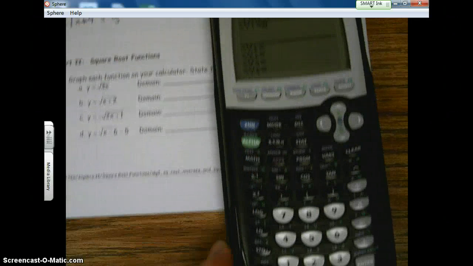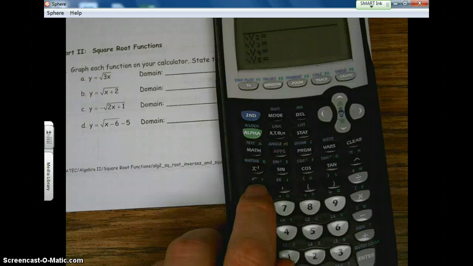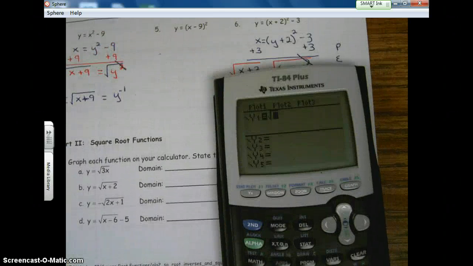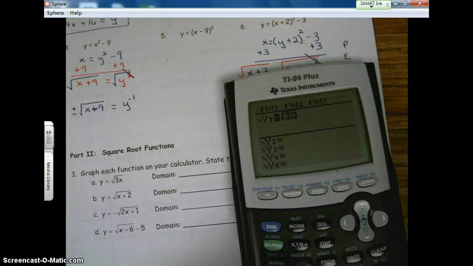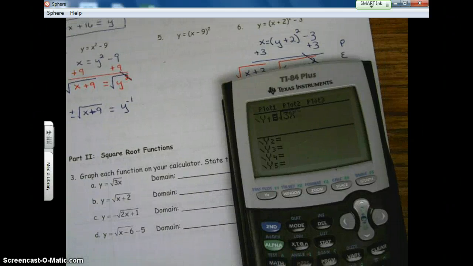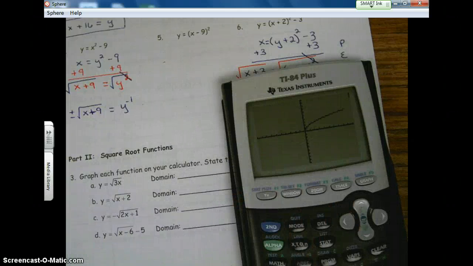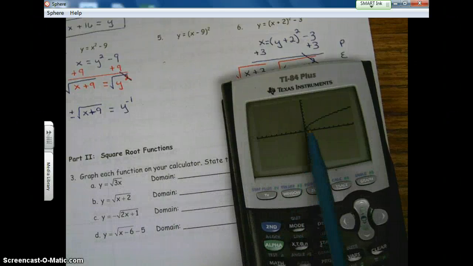Second square root, which is the x squared, and our first one is 3x. Alright, now we want to do the domain and the range, so let's take a look at the graph. Alright, so the domain, remember domain goes from left to right, so our left domain value is 0.